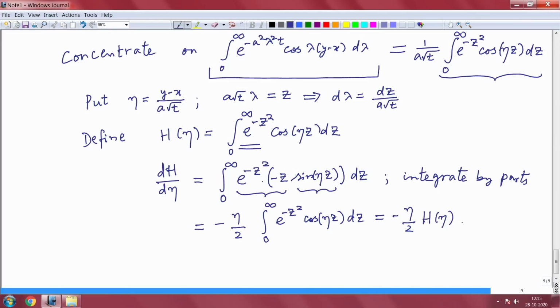So the function h satisfies a first order ODE with variable coefficients, and that implies h of eta is a constant times e to the minus eta square by 4.